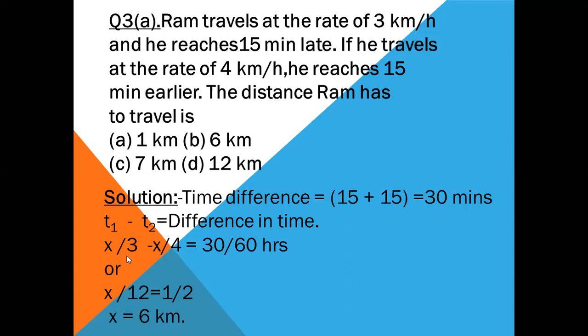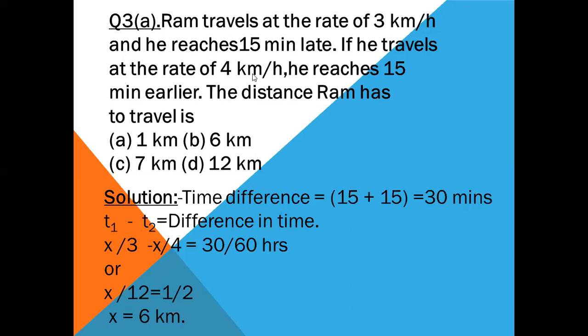So you can say, oh, I will be using this formula, T1 minus T2 equal to the difference in time. But you have to find the difference in time. See, suppose you calculate according to your time of reaching school, let us say you used to reach school at 8 a.m. in the morning. Suppose with the speed of 3 kilometers per hour, you are reaching 15 minutes late. So you will reach at 8:15.